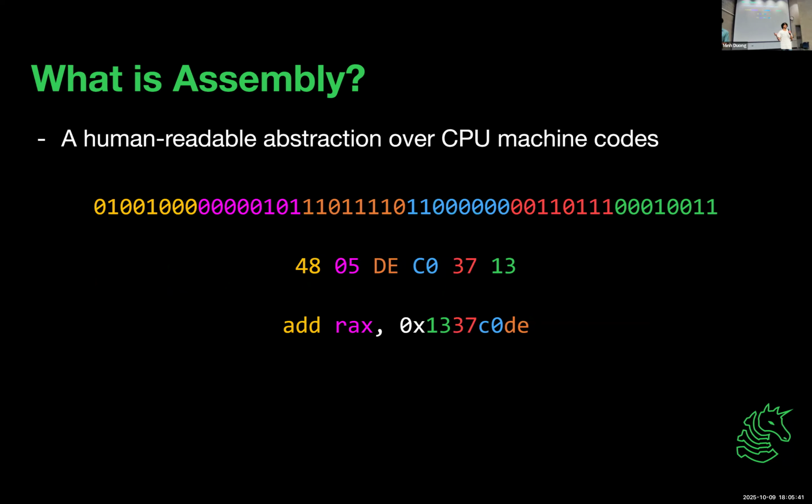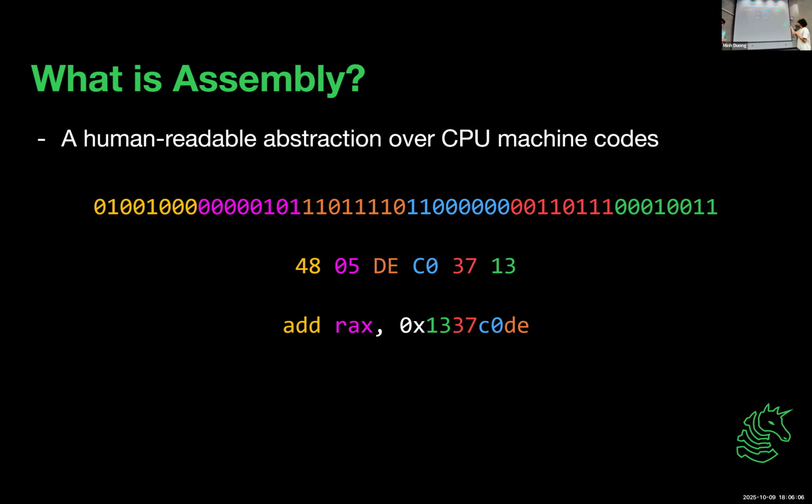Okay, so what is assembly? Assembly is basically what we use to understand machine code better. Machine code is just a bunch of numbers, looks like that. And this is what computers use when they give instructions to a CPU.